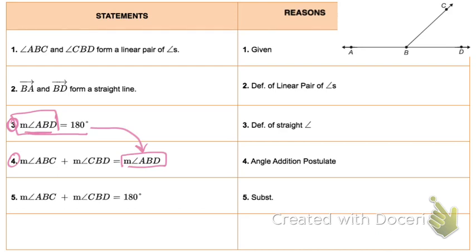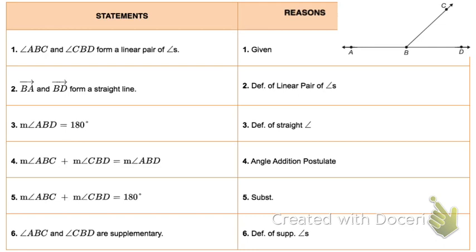Okay? Now, the last step, remember, we wanted to prove that those two smaller angles, ABC and CBD, are supplementary. So if we look at what we had in step 5, if we know now that these two angles add up to 180, then we can conclude that these two angles are supplementary.